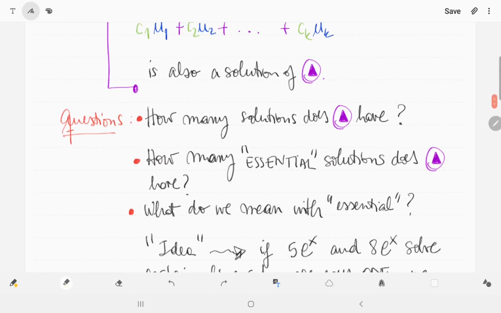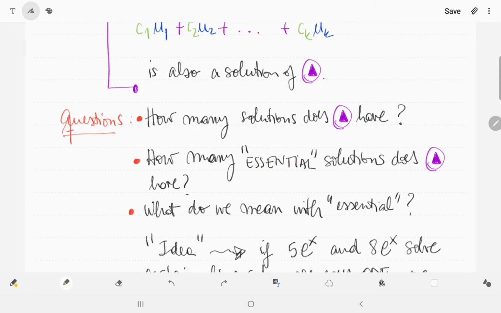But we don't know yet how many solutions we expect for this equation. How many essential solutions we have. We will talk about this in a few minutes.